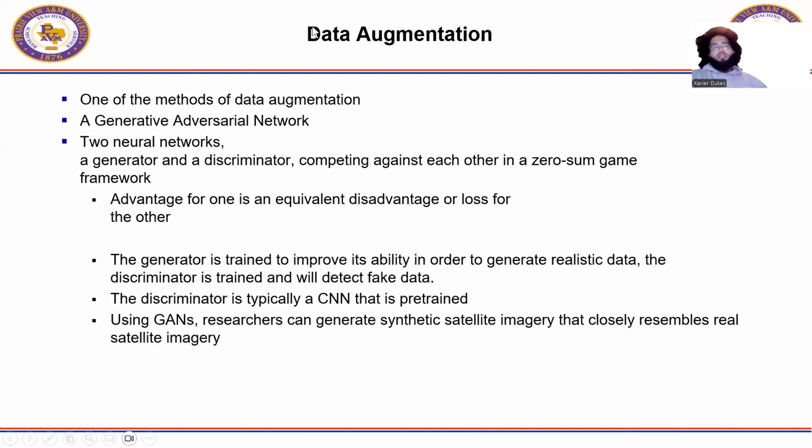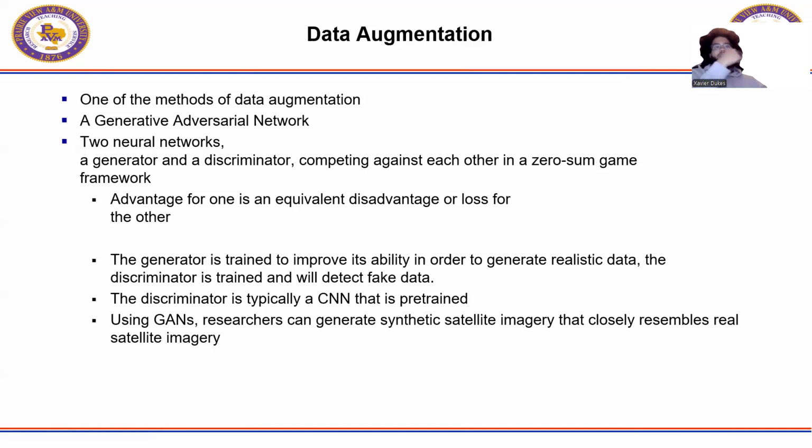So again, I spoke previously about data augmentation and how it's not really applicable to the xView dataset. But one of the methods that is available to us is a GAN, or Generative Adversarial Network. These are two neural networks that work in conjunction with one another in a zero-sum game, where they compete with each other, with advantage for one and equivalent loss for the other. So in this adversarial network you have a discriminator and a generator.